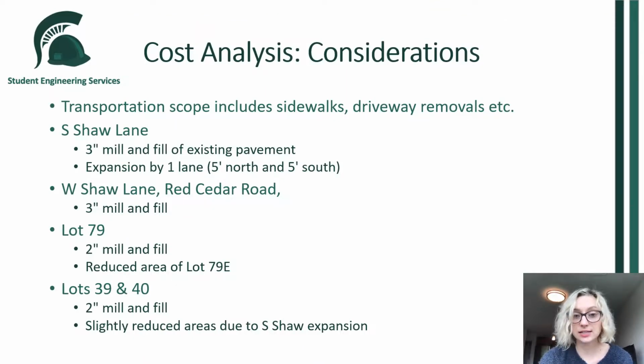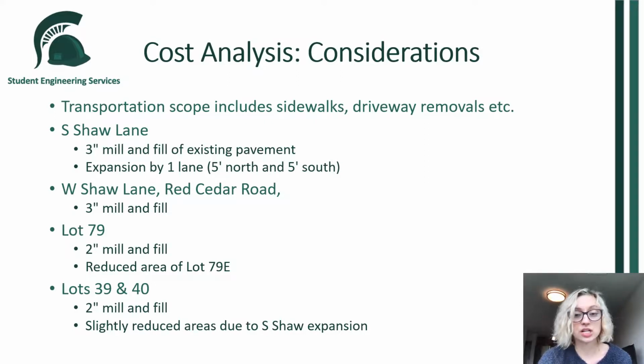Moving into our detailed analysis, which outlines the cost of all these options that we talked about. There are several different approaches that could be taken, like crack sealing or milling a different depth of the pavement. This is just what we chose to consider for our budget.